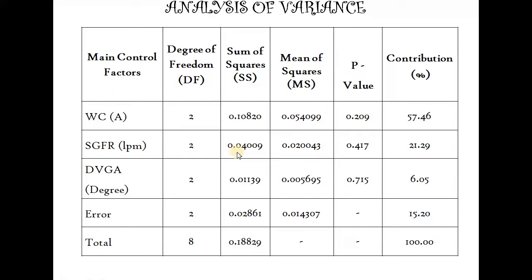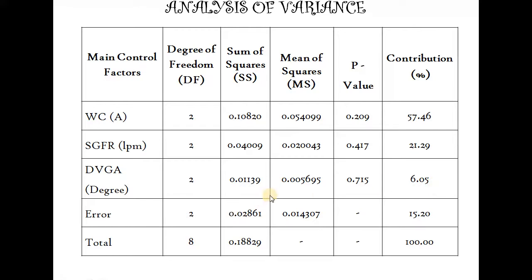In this analysis of variance, the table is collected from Minitab software. So they got values only up to that limit, and the contributions we have to find out from the tables. In this case, welding current's influence is 57.46, gas flow rate 21.29 percent, V groove 6.05.